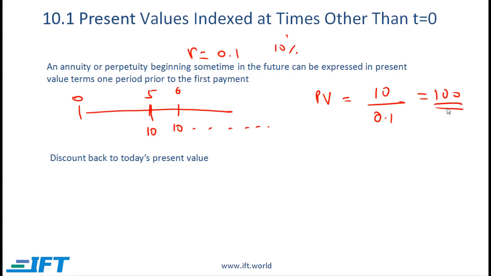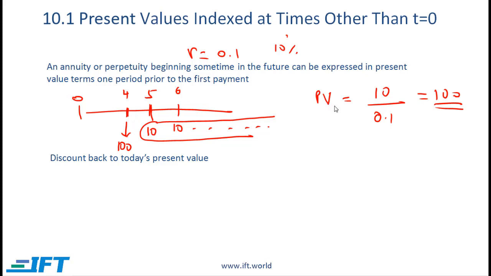This present value of 100 is one period before the first cash flow. So what we can say is, for this entire perpetuity, which starts at the end of year 5, the present value will be one period earlier. So the present value will be here, and that present value is equal to 100.